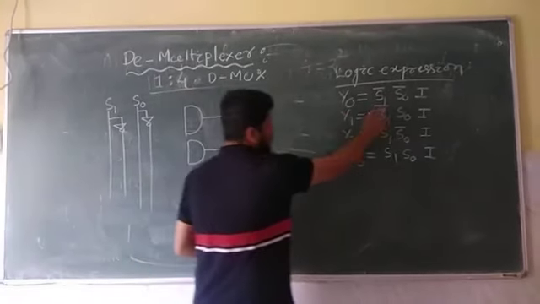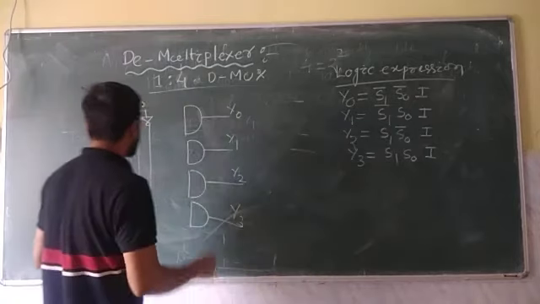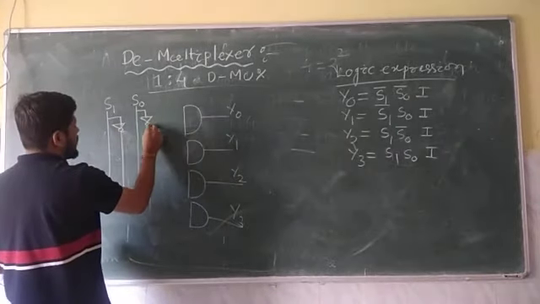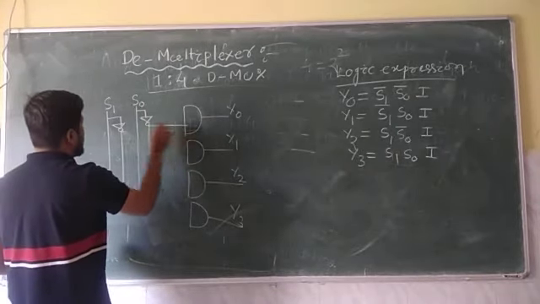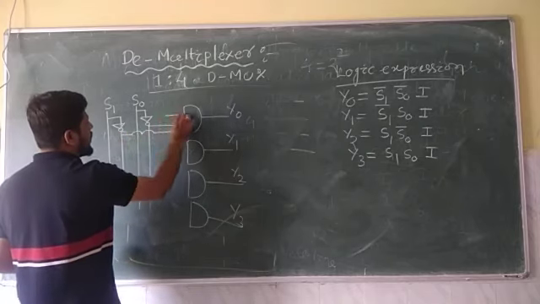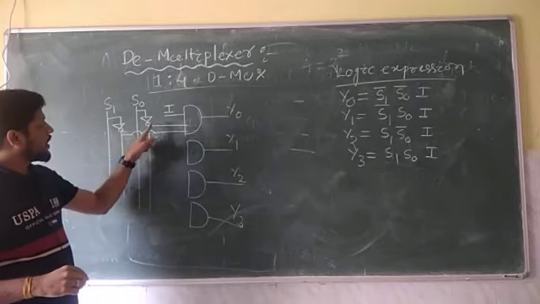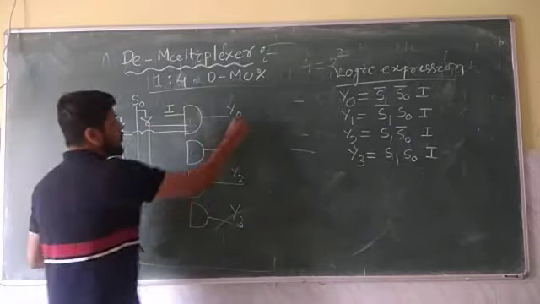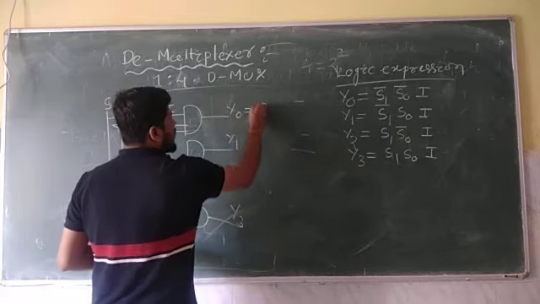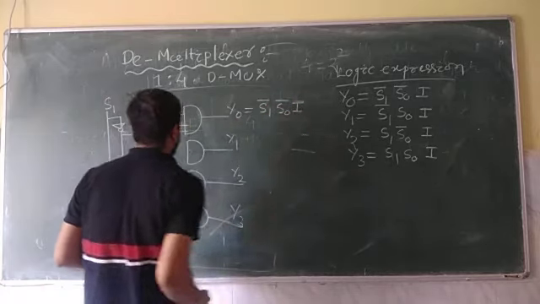When we get the output Y0, that means when S1 bar, S0 bar and I are applied here, that will give you Y0 equal to S1 bar, S0 bar and I.